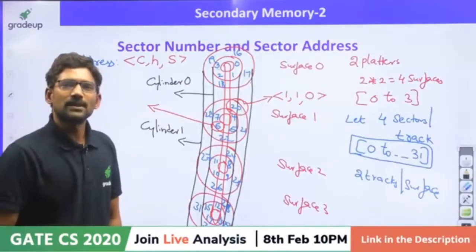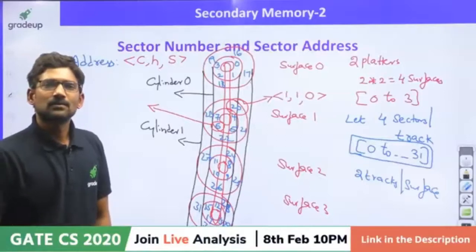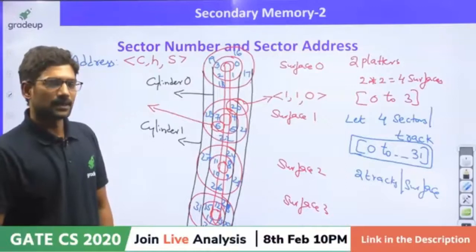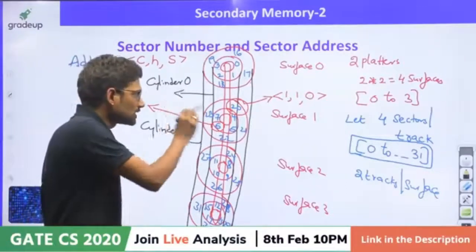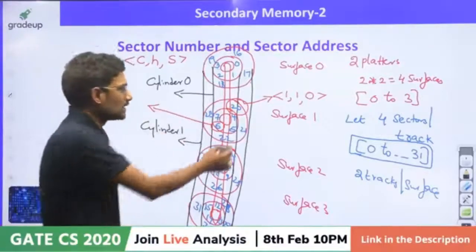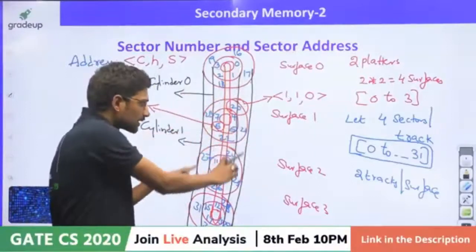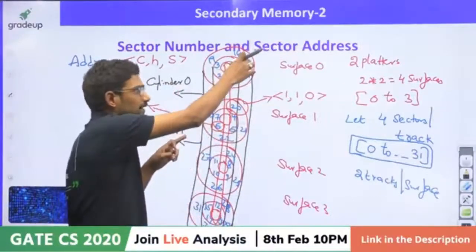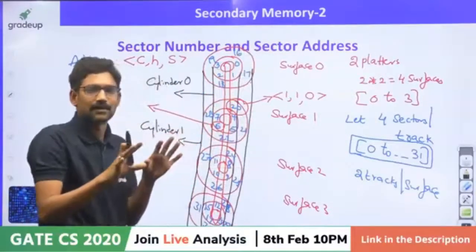Aman Raj, I have already told one example, right? On this cylinder, that means on this second track, on this surface, because the second track is here, here also, here also, on every surface there is a second track.